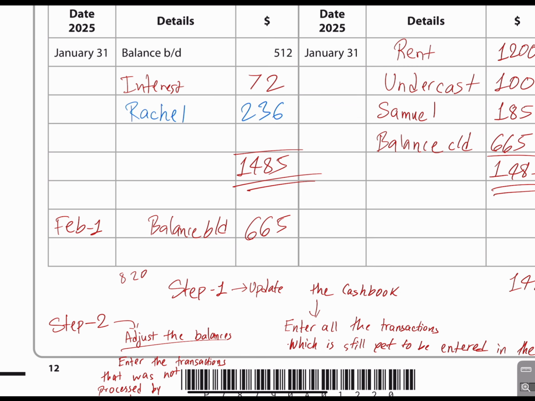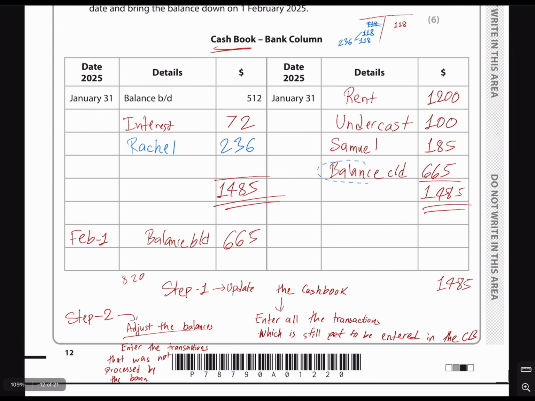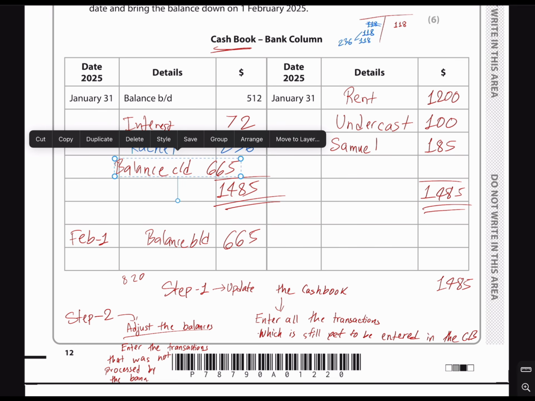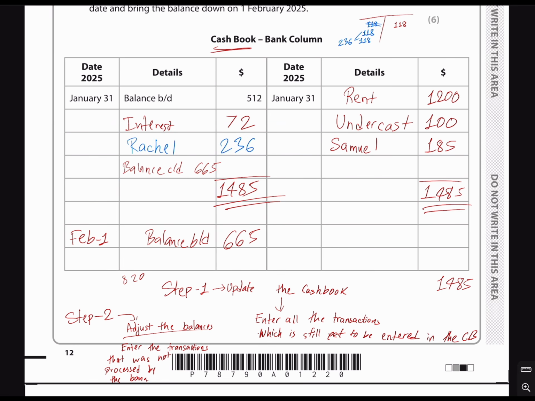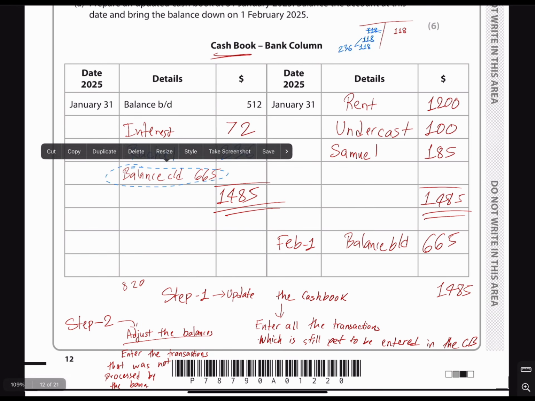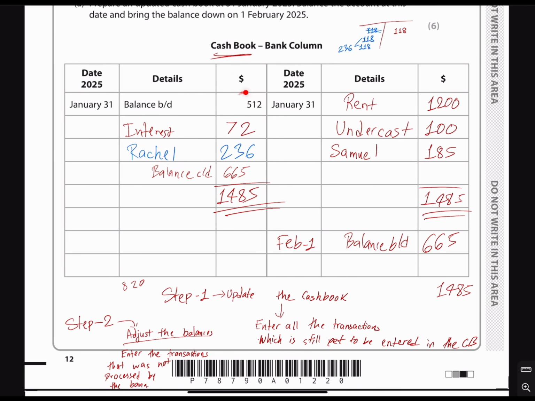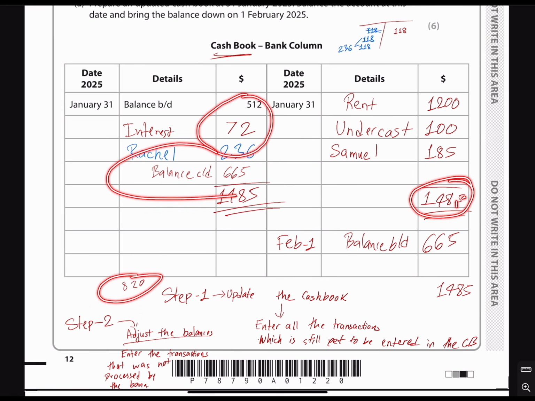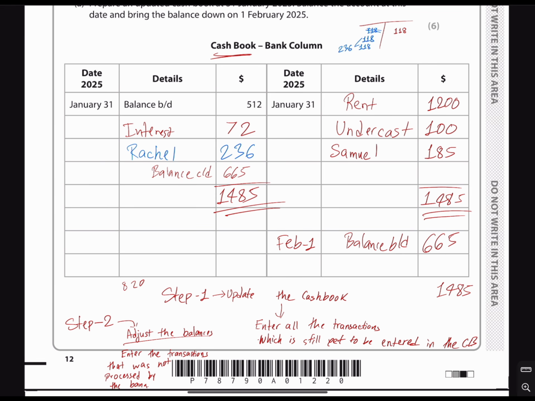Alright, so balance CD will be entered on the left side. Yeah, my bad. Why will the balance CD be entered on the left side? Because the left side is lower, right? This side is only 820 and this side is 1485. So we put balance CD on the lower side.